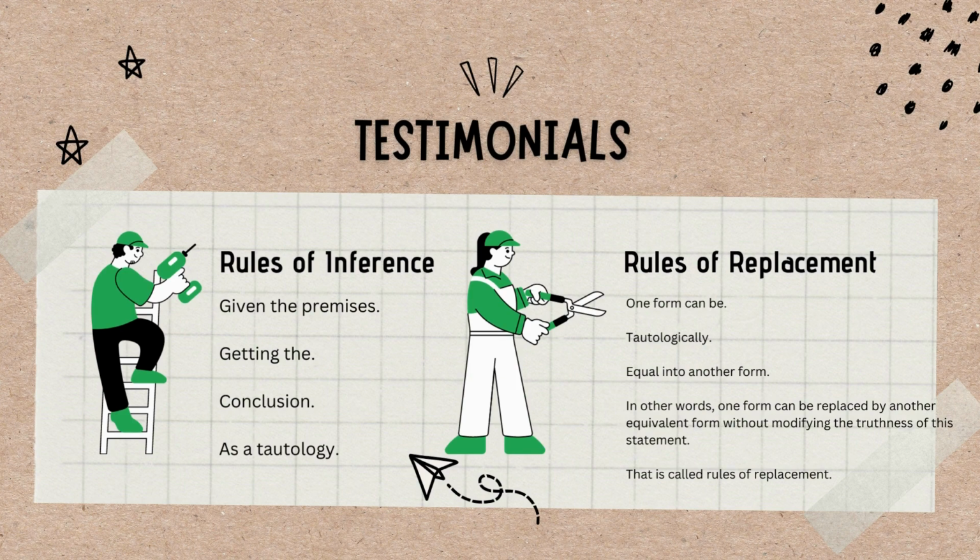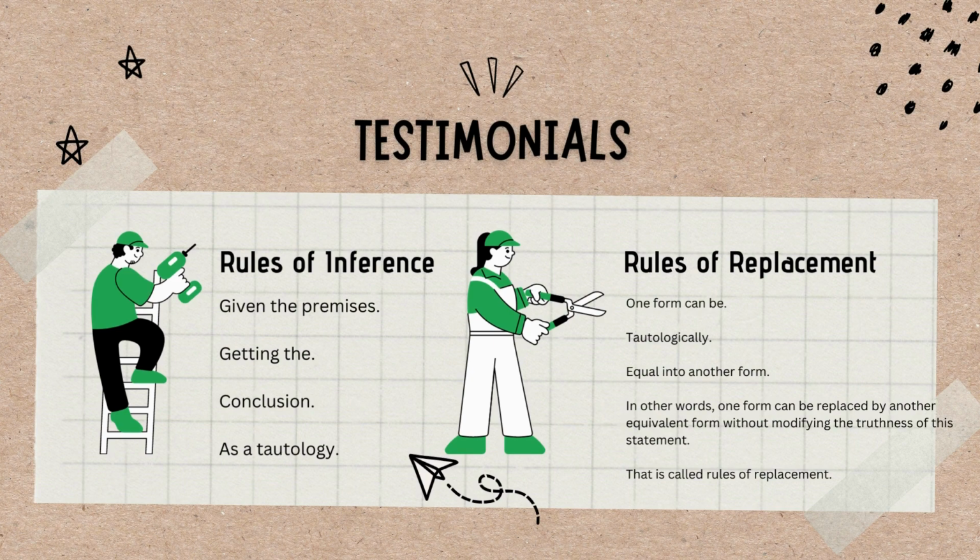In rules of inference, we have premises and a conclusion, and tautology means LHS is equal to RHS; we prove that both sides are true.